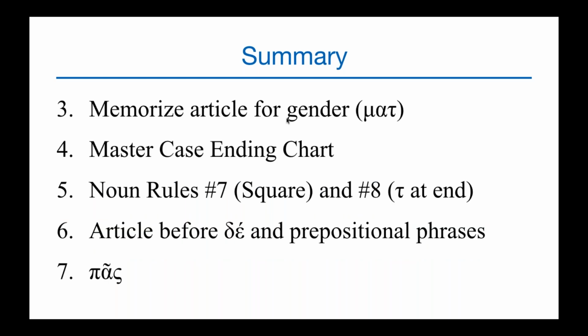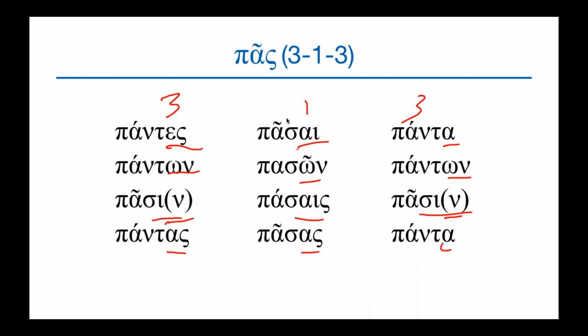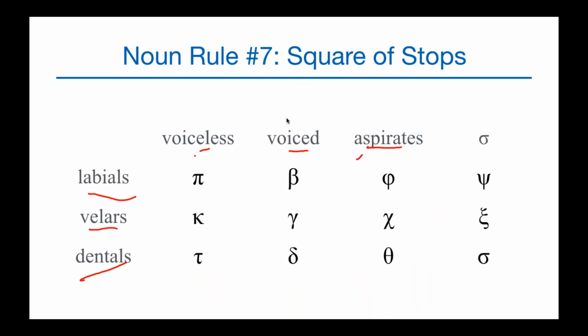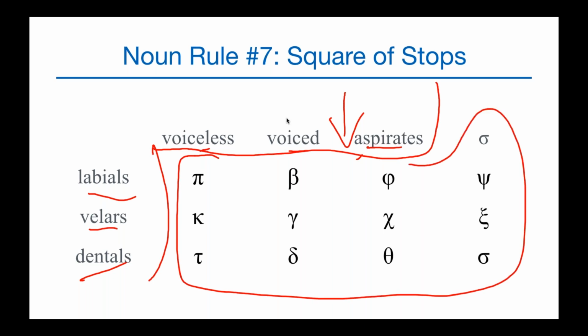Memorize the article for gender. Memorize the master case ending chart. Then for the square of stops, I don't really care much about that part or that part. I just need you to know that whenever you do add the sigma to these, you get that.